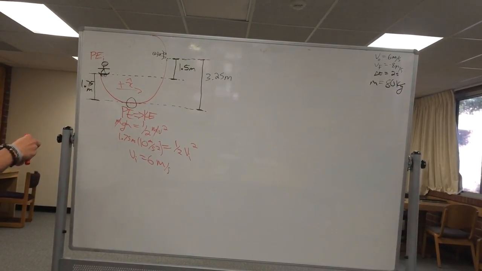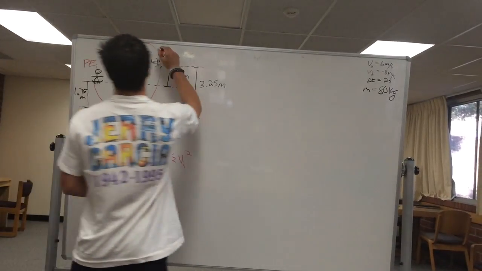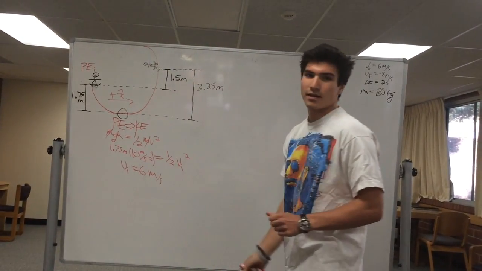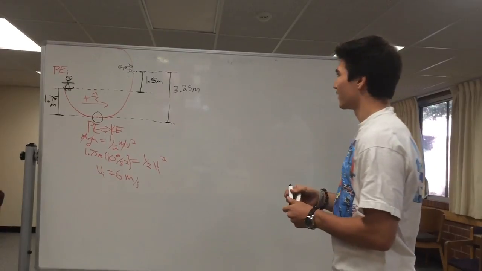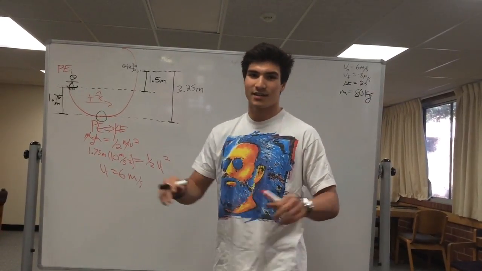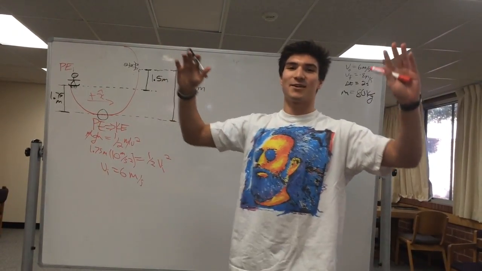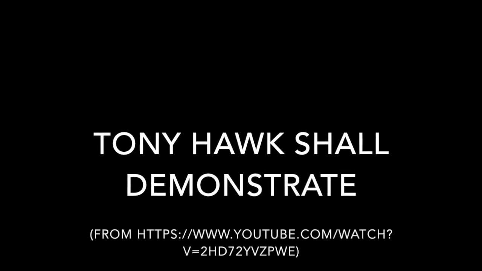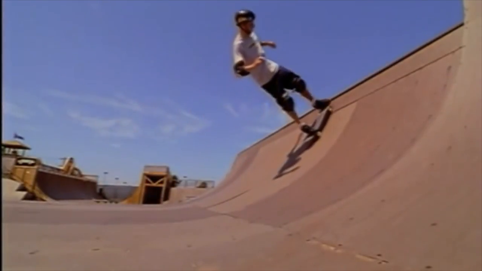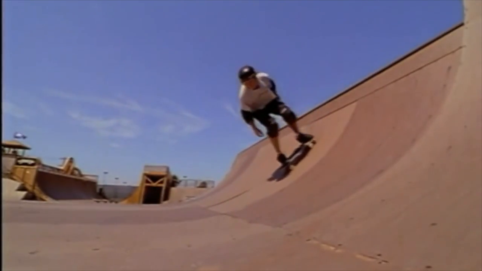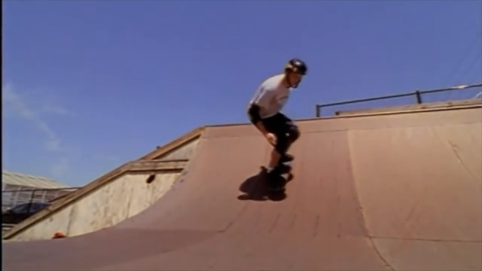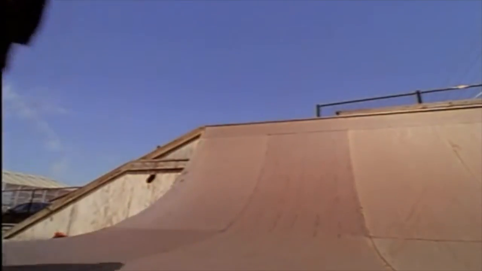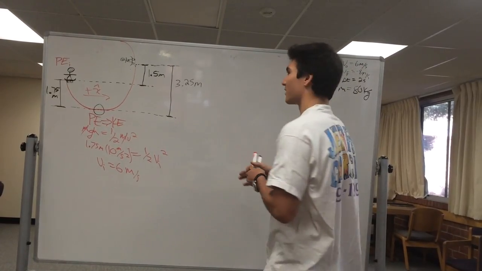But if I end up at a higher point on this side, something must have happened. Skateboarders use a technique called pumping to pump themselves into the transition to gain energy, and therefore velocity.